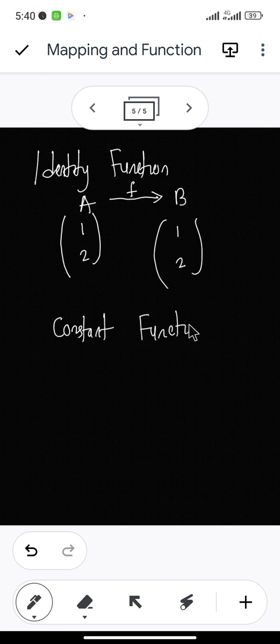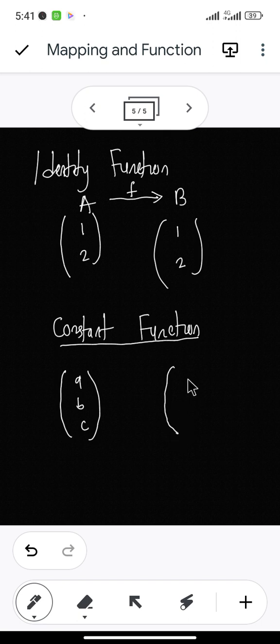Now we'll talk about constant function. Now a function is said to be constant if all the elements in the domain have the same image. Very straightforward. This is an example of a constant function. We can have A, B, and C. Over here you can have 1, 2, and 3.